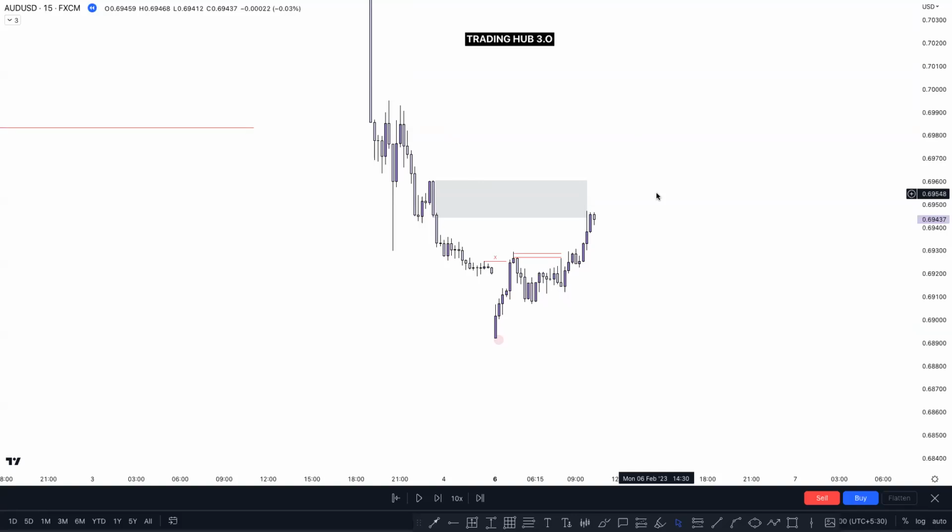Okay, but if you are using H1 as a higher time frame, then you can use 5 minute for entry, and if you are using 4 hour as a higher time frame, then you can use 15 minute as an entry time frame, right? So it depends on which time frame is suitable for you.